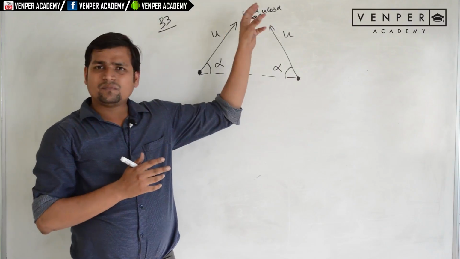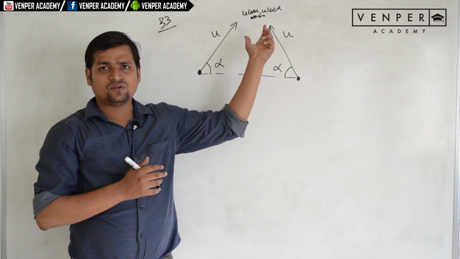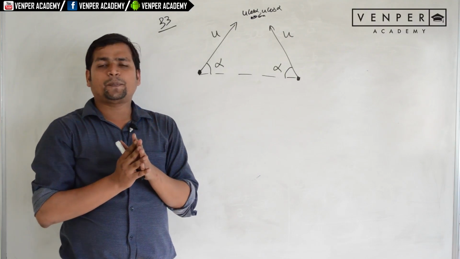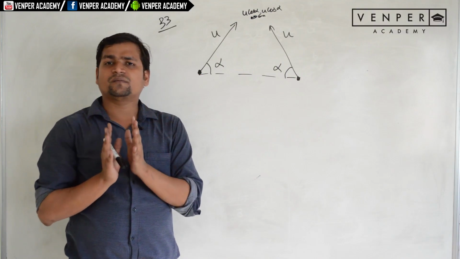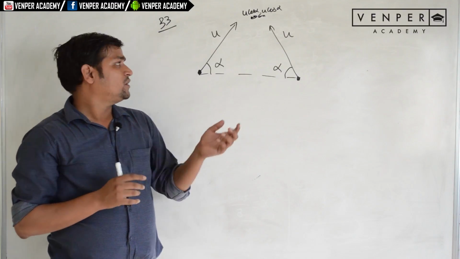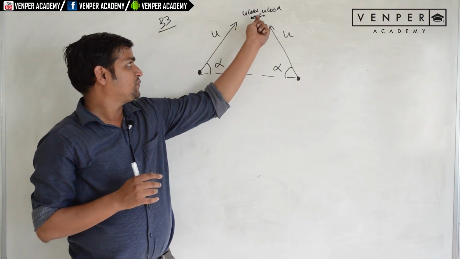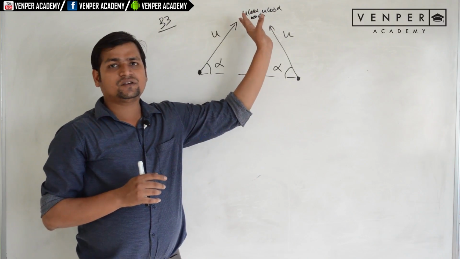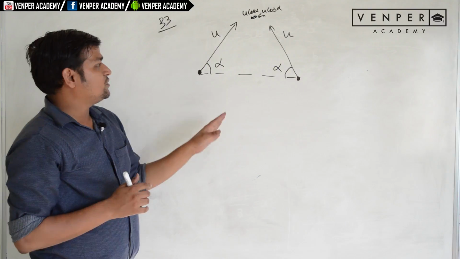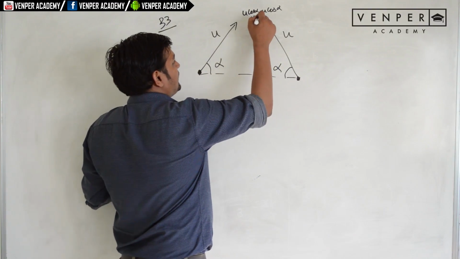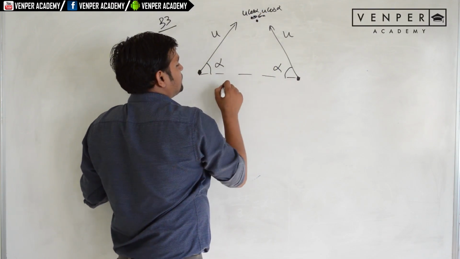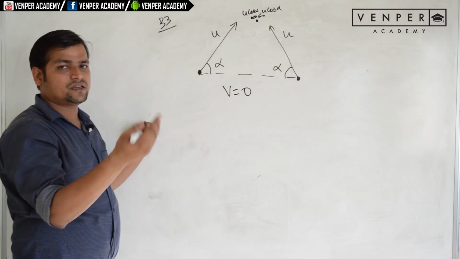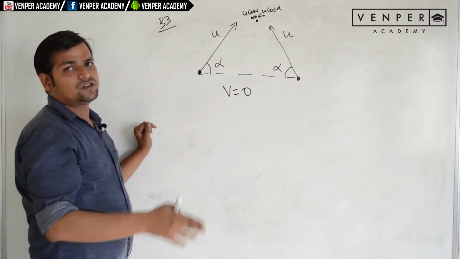So momentum before collision is 0, and when they stick together, after collision also the total momentum is 0. Before collision the total momentum of the system is 0. After collision, if they stick with each other, the final velocity will become 0, because U cos alpha minus U cos alpha with the same mass gives a net sum of 0.